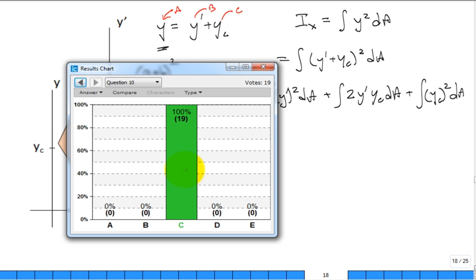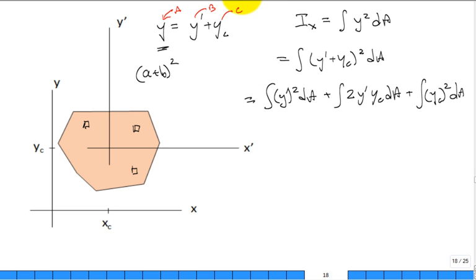Very good. Y sub c, the y location of the centroid of that area, is not changing as I'm doing this integration. It's a constant. Okay, can I then pull this y sub c outside of that integral? It's a constant. Can I pull that constant squared outside of that integral? Sure. And so what we have is y sub c squared times the area.